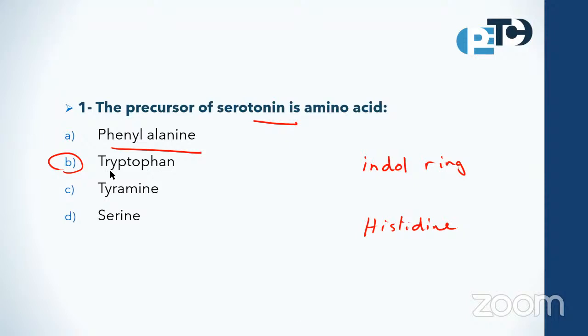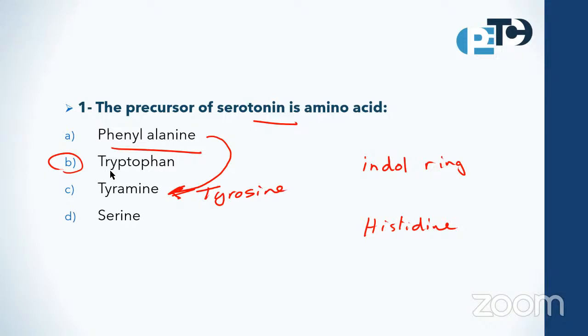It's not direct. Epinephrine, yes, but not directly. Phenylalanine will convert into tyrosine, not tyramine, I'm sorry, tyrosine. This tyrosine amino acid is the direct precursor for epinephrine and norepinephrine.